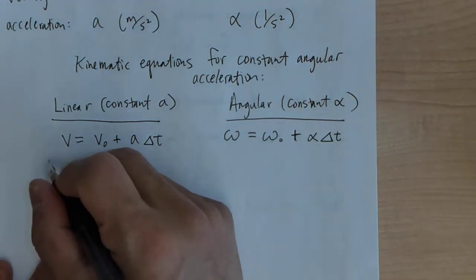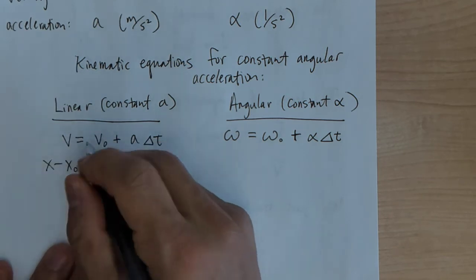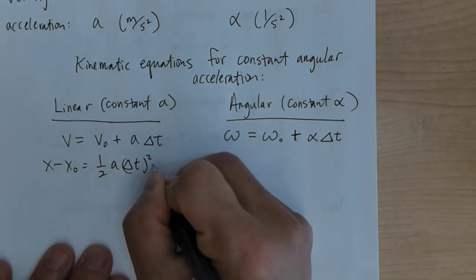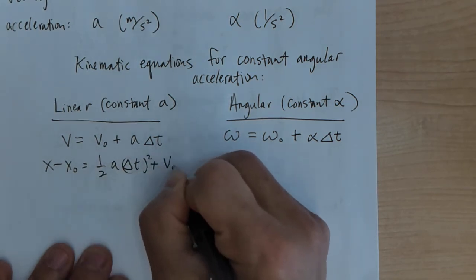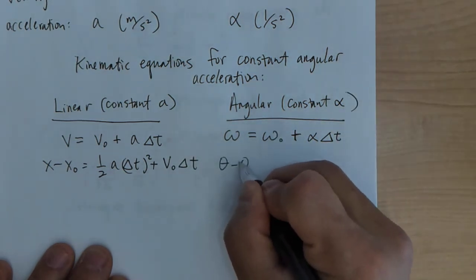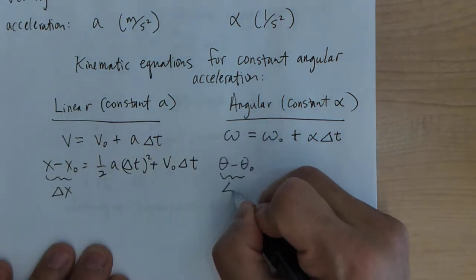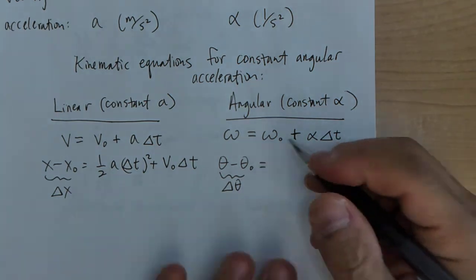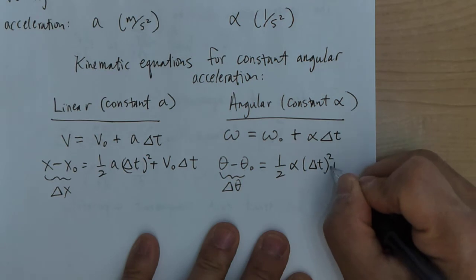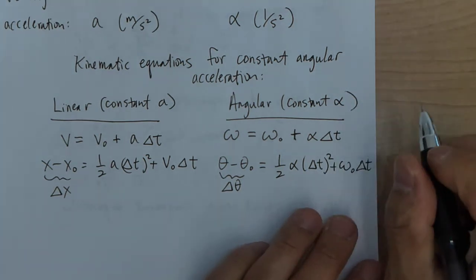If we have x minus x0 equal to 1/2 a delta t squared plus v0 delta t, over here we would have theta minus theta 0, or delta theta, equal to 1/2 alpha delta t squared plus the initial angular velocity omega naught times delta t.